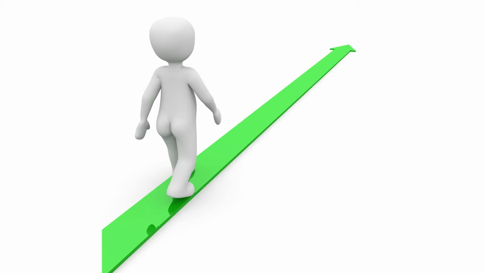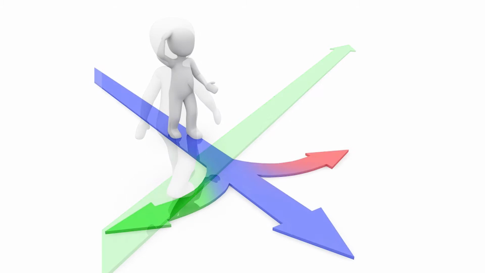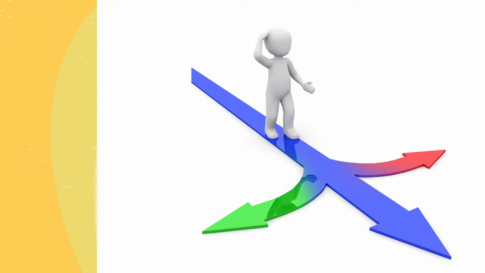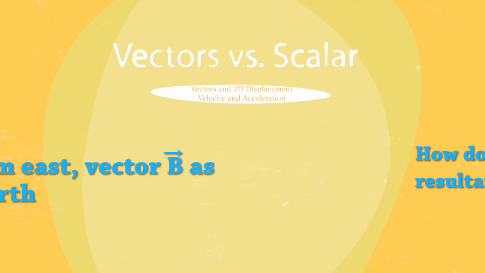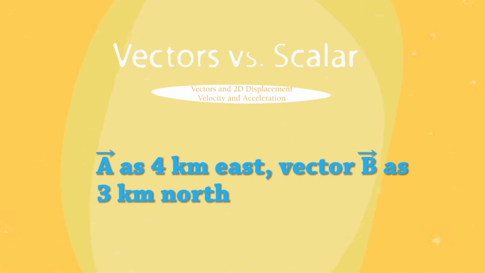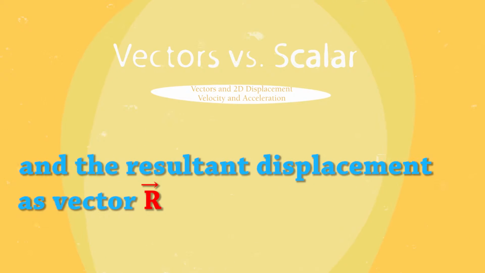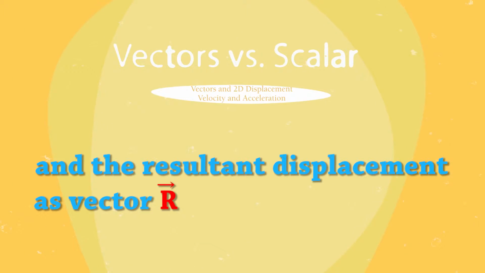Since we are dealing with vector quantities, the result is not simply adding 4 kilometers and 3 kilometers. How do we solve for the resultant displacement? First, let us designate vector A as 4 kilometers east, vector B as 3 kilometers north, and the resultant displacement as vector R.